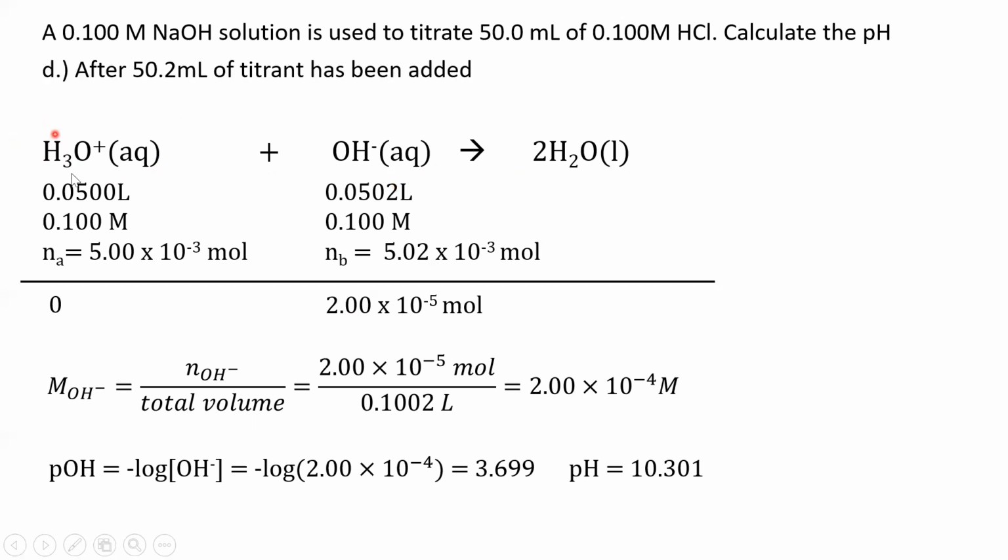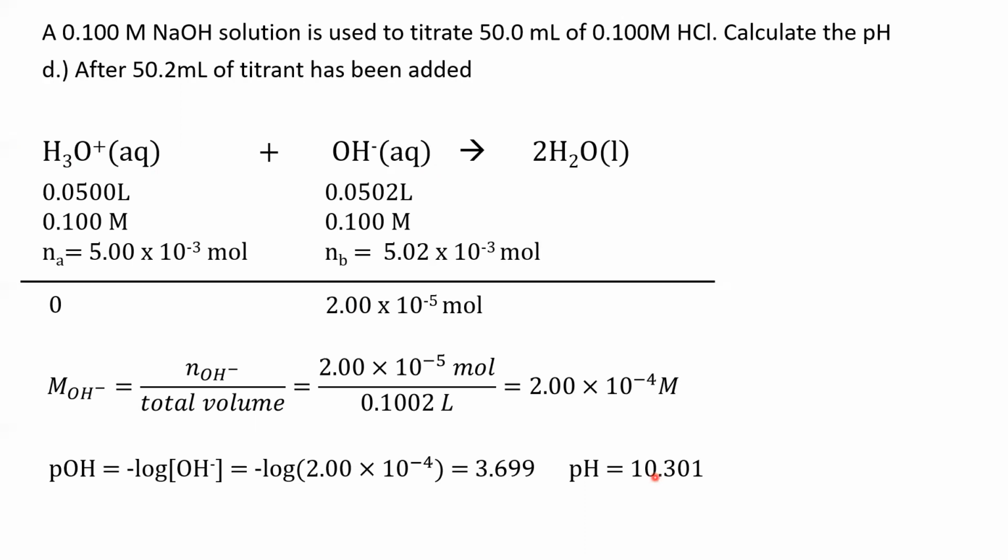You have to figure out the moles of the acid and the moles of the base, decide what's in excess, figure out the molarity of the excess, and then from there you can calculate the pH of the solution. Questions on strong acid, strong base titrations?